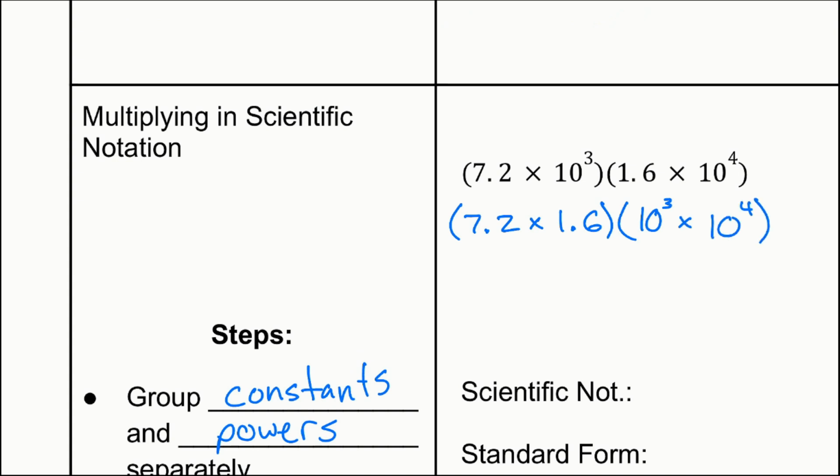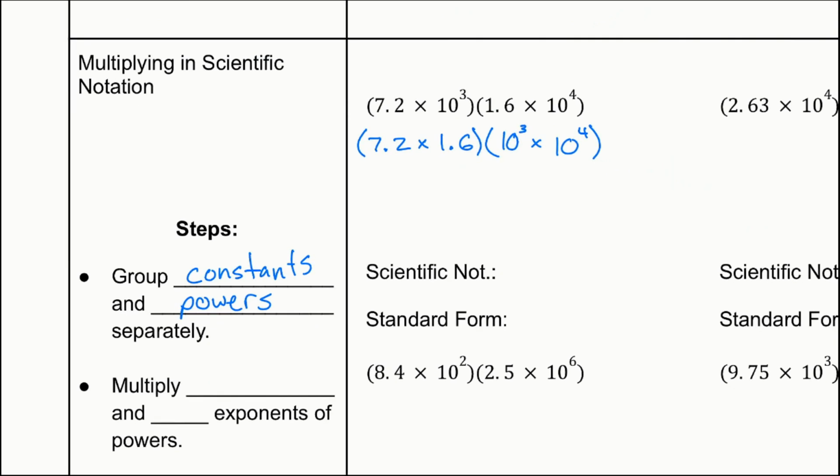Okay? After you regroup these, you're going to multiply your constants, and you're going to add the exponents of powers, because the rule says when you have the same base and you're multiplying those powers, you can just add them.